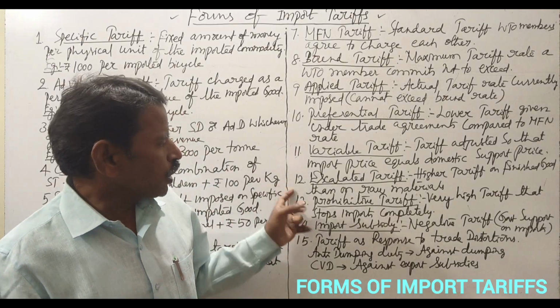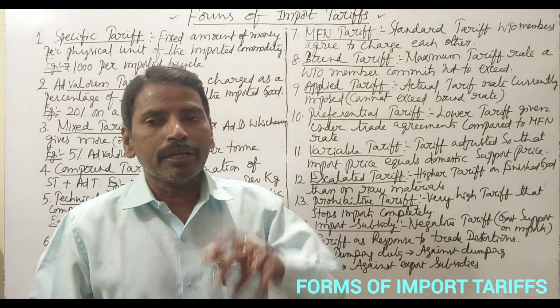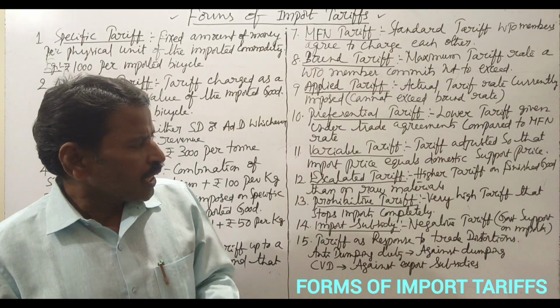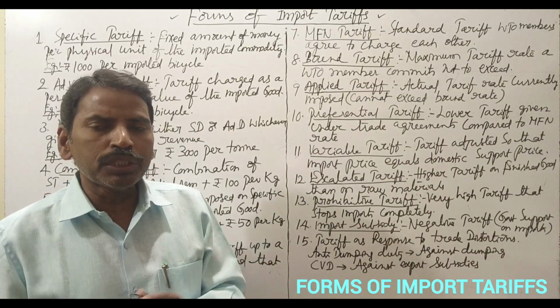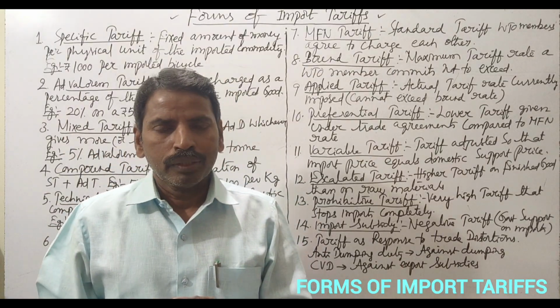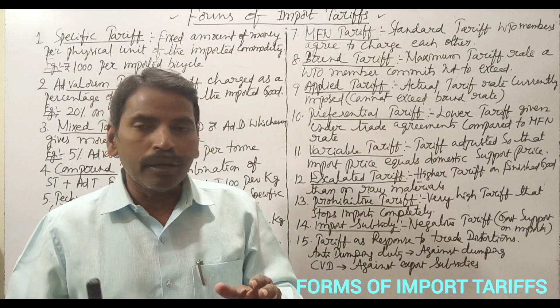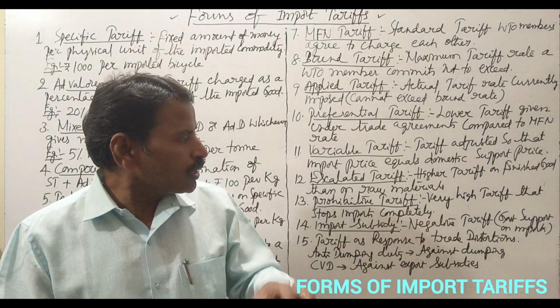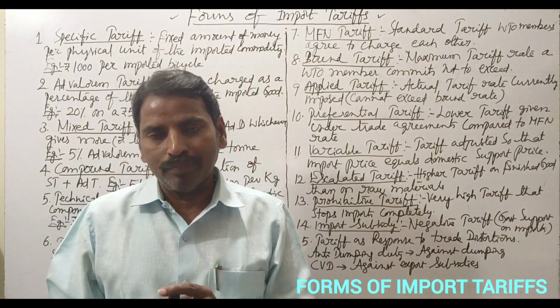Next, 12th one, escalated tariff. Higher tariff on finished goods than on raw materials. So higher tariff on final goods or finished goods and lower tariff on raw material.